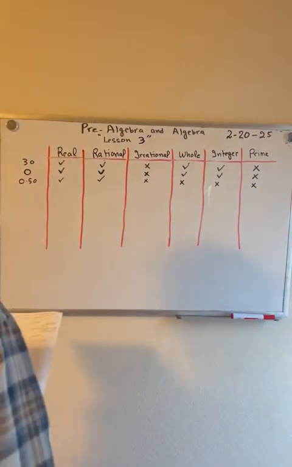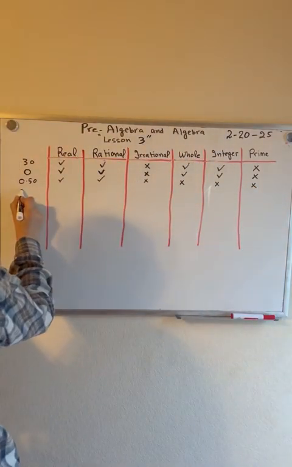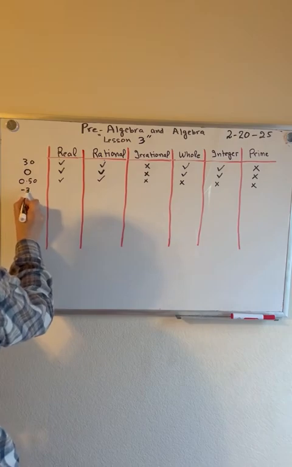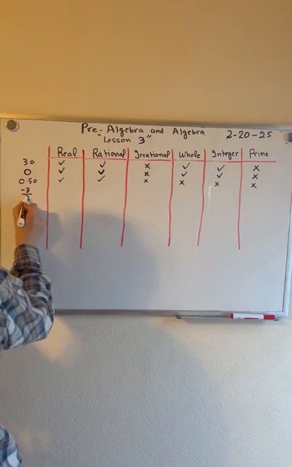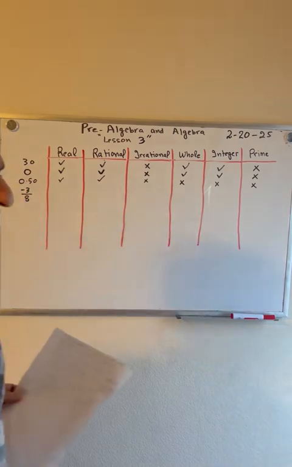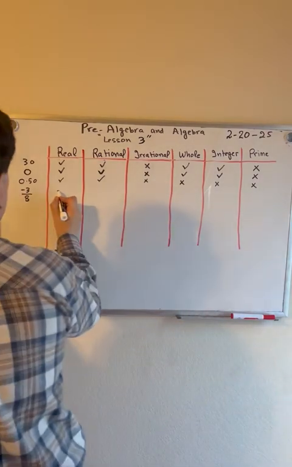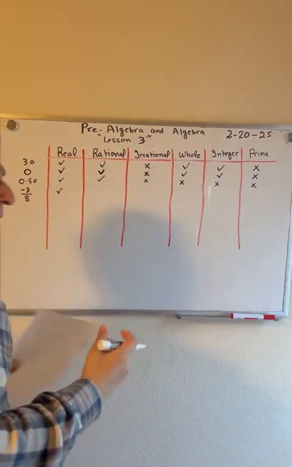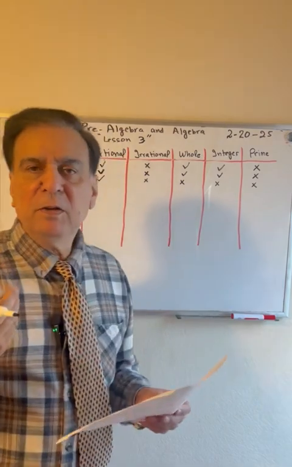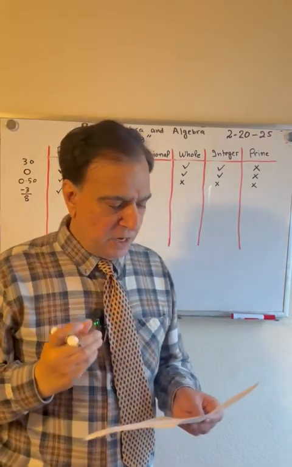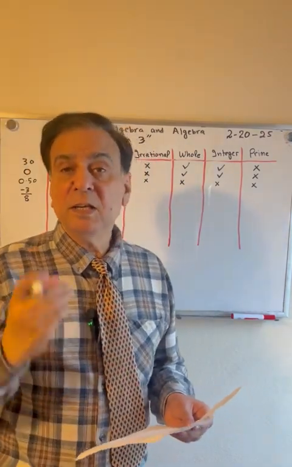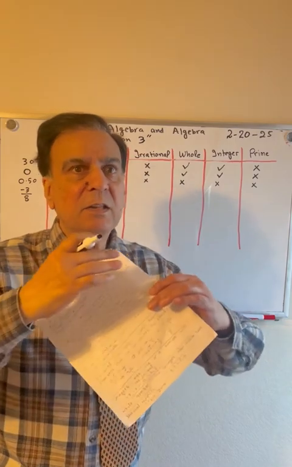All right, moving on. How about this number, negative 3/8? That's a tricky one. Yes, it is a real number, because even though it has a negative sign, it is a real number in the world.